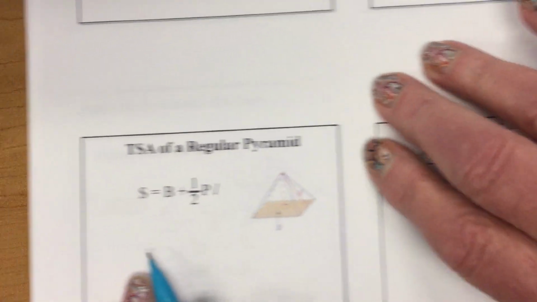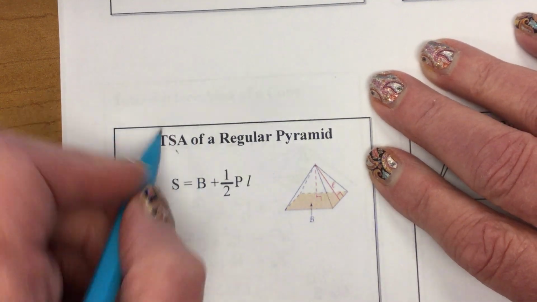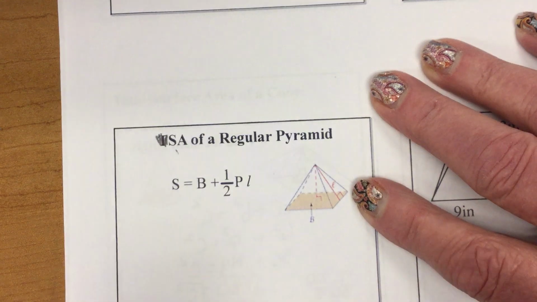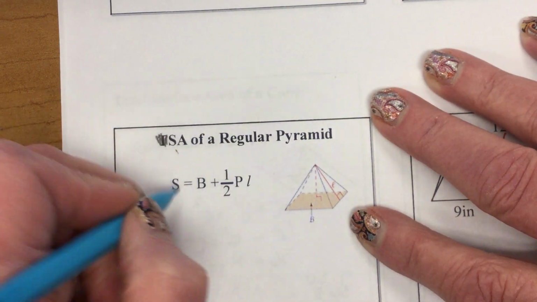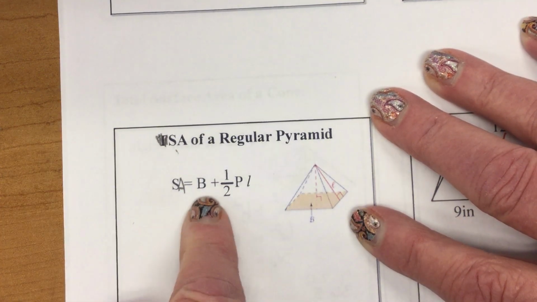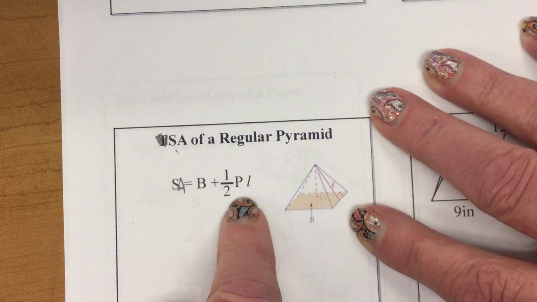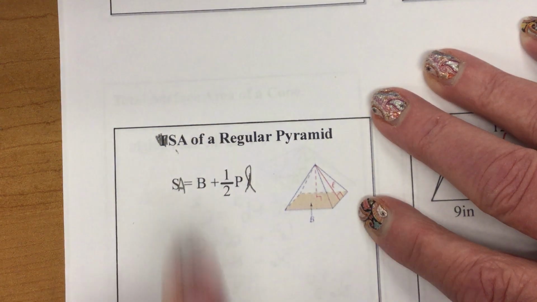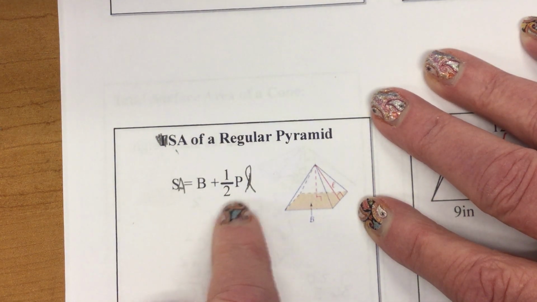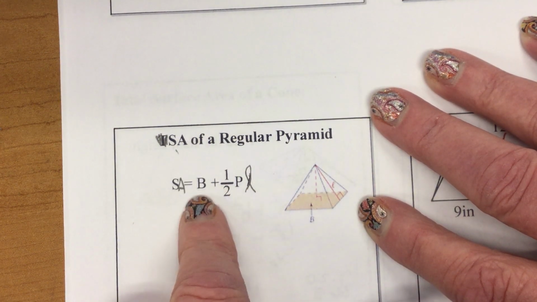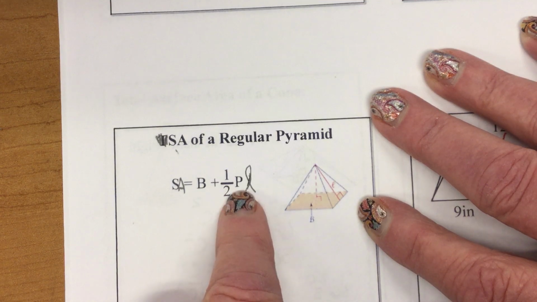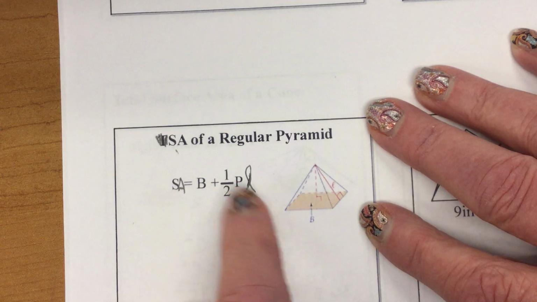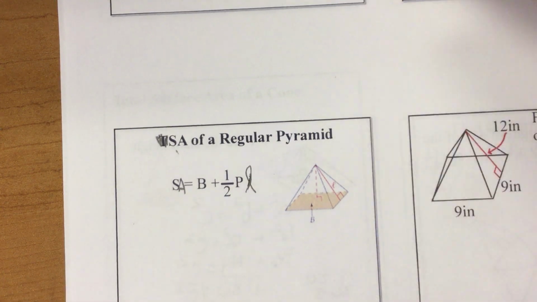Here, total surface area, TSA. Now, we've just used SA, and that's fine, of a regular pyramid. That surface area is 1 capital B plus 1/2 PL. That L is my slant height. Capital B plus 1/2 PL, where B again is the area of the base, P is perimeter of the base.